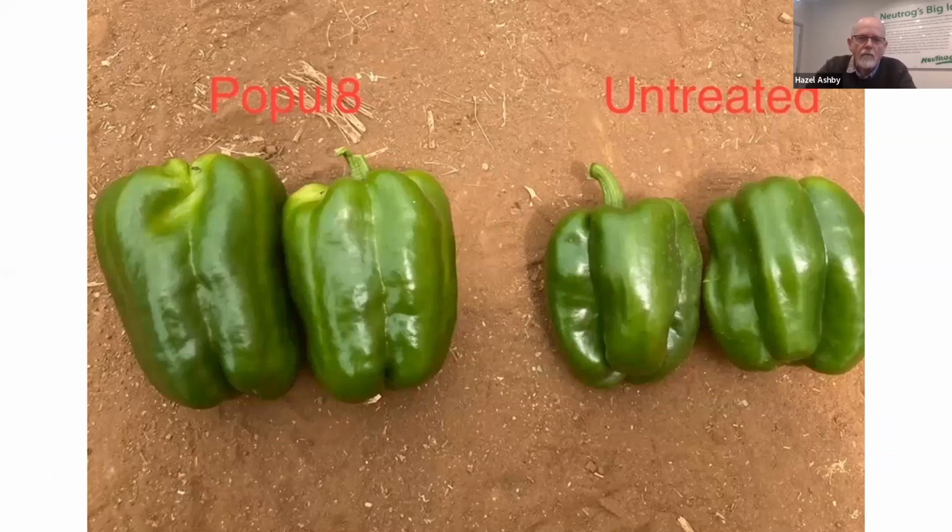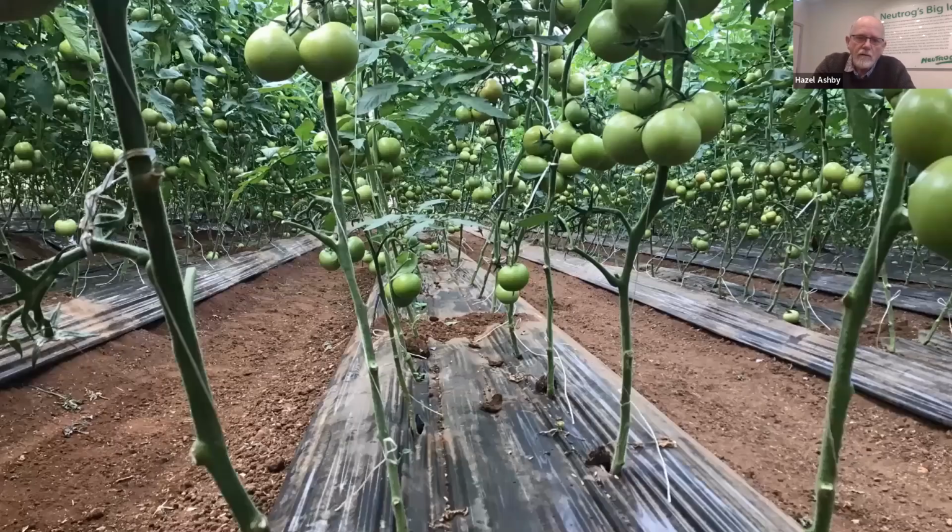This is really an example of what we see when we look at the harvestable products. You can see the Populate capsicums are much bigger. They're healthier looking compared to the untreated control. This is a commercial grower for tomatoes, quite obviously, and to the untrained eye, including myself, I'm not trained in this area, that looks like a fantastic crop.